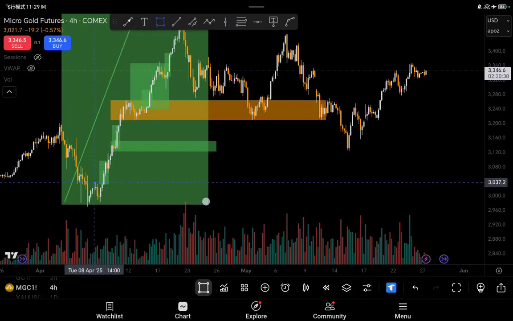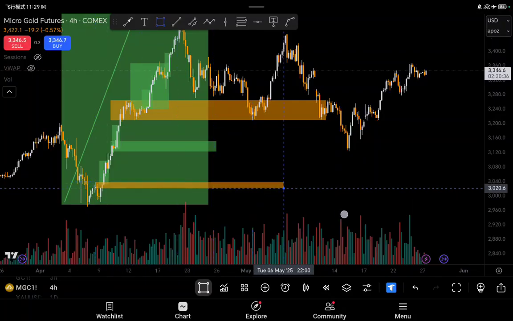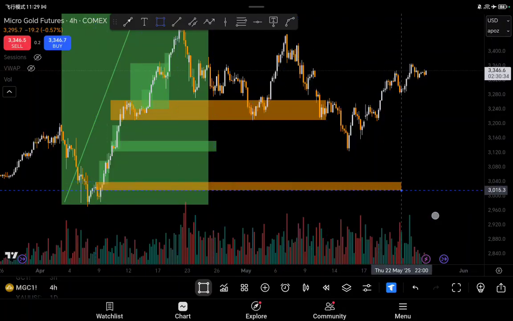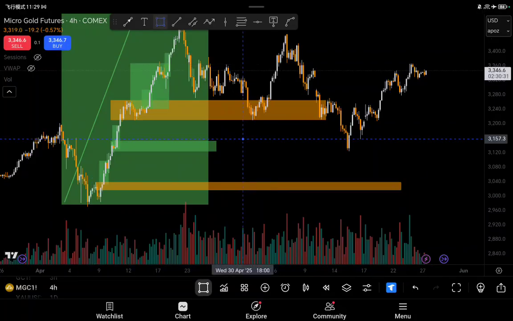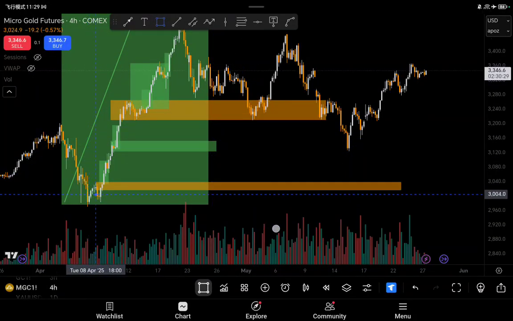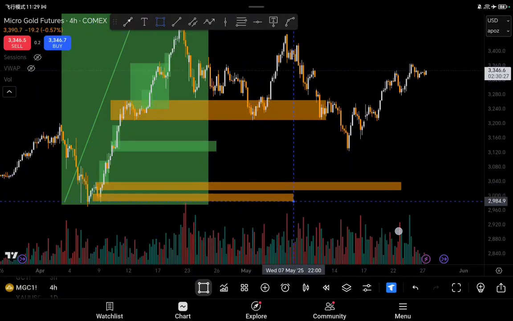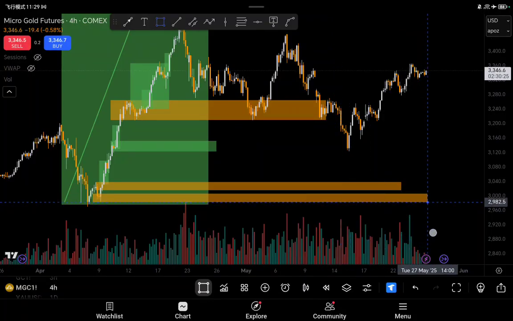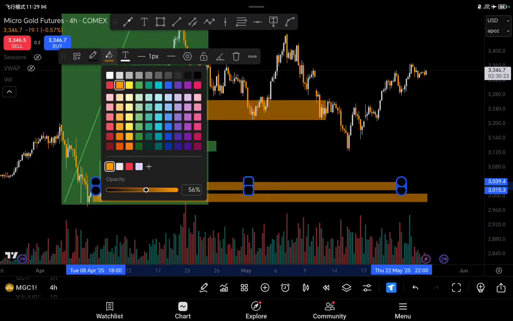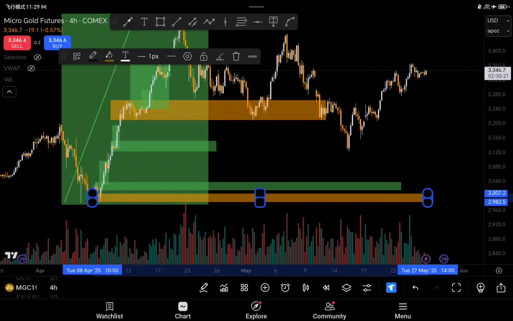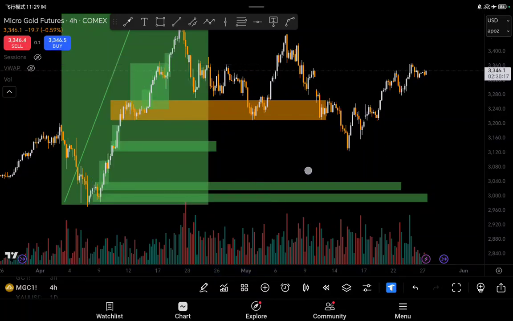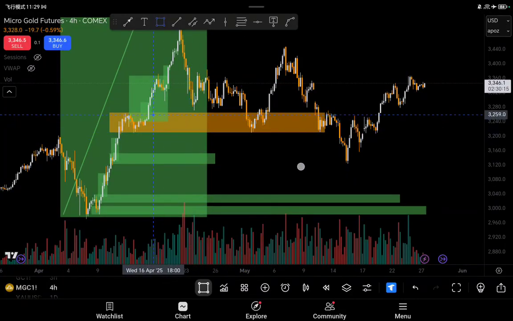We want to draw where the market goes sideways, followed by a push. This is back all the way back to the bottom. Okay, these are all the H4, and then there's an H4 here.